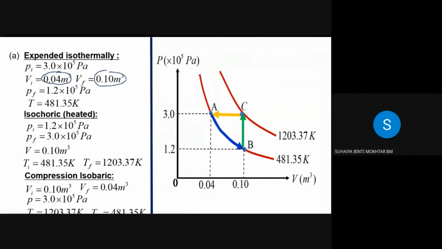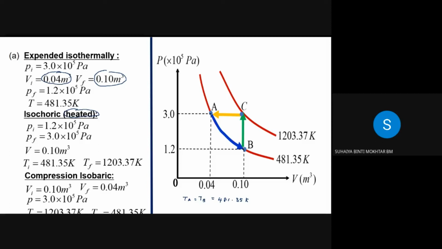So the temperature on this line AB is 481.35 Kelvin. So TA equals TB, equals 481.35 Kelvin. Then continue to isochoric. It is heated, so the temperature must increase, so upward, continuing from isothermal.